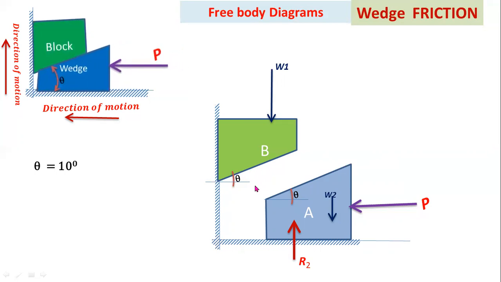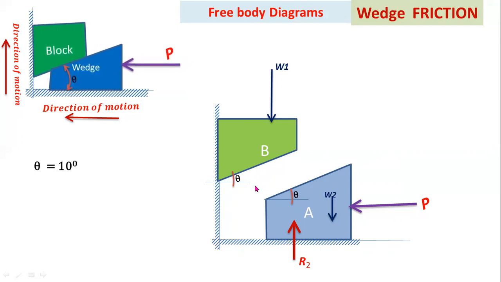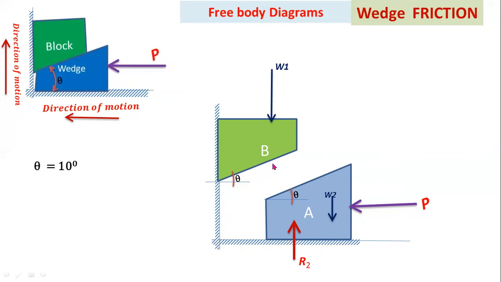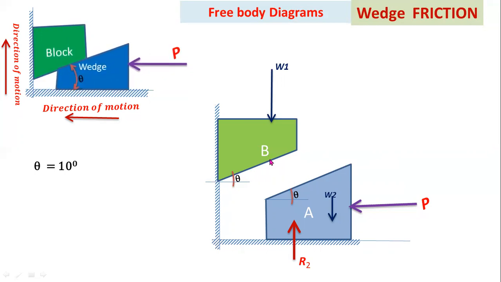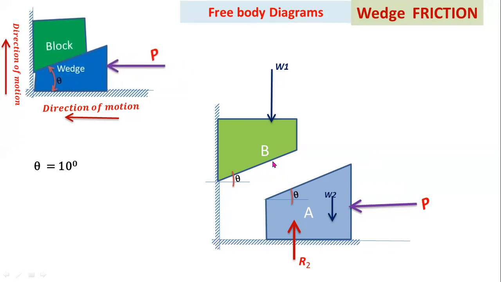For each moving surface, you have to consider a single reaction force. So there are two moving surfaces, and you have to consider two equal and opposite reaction forces between block and wedge.